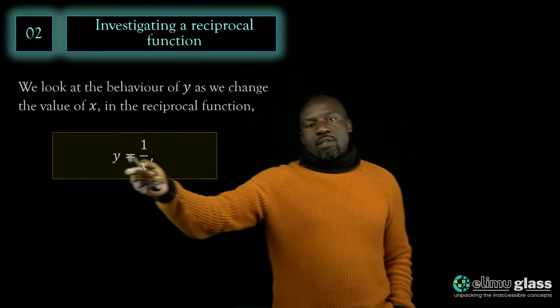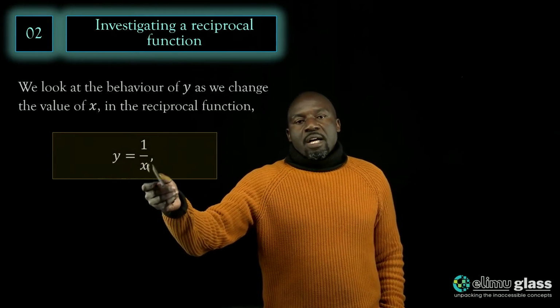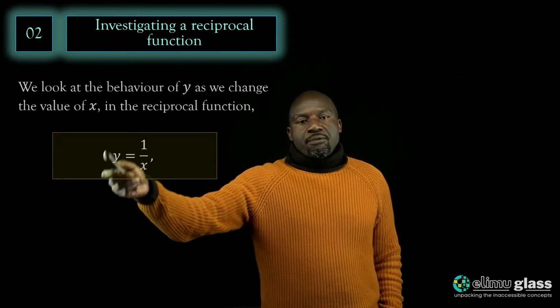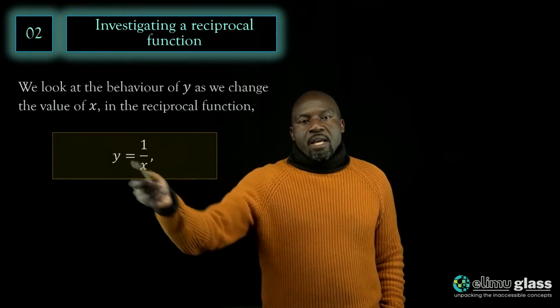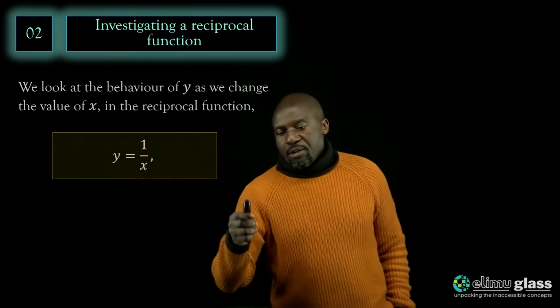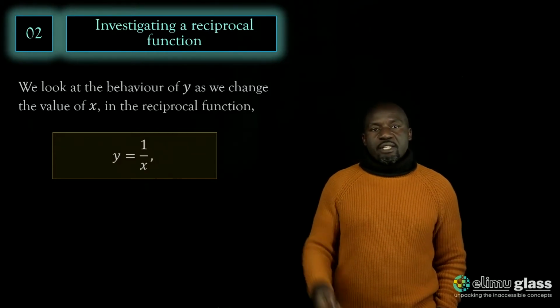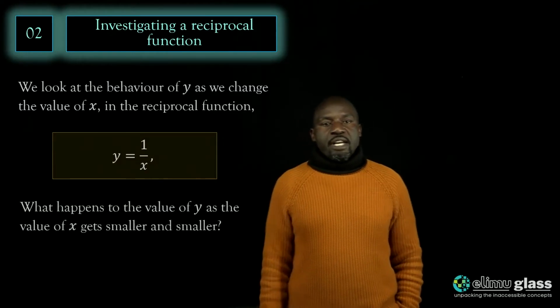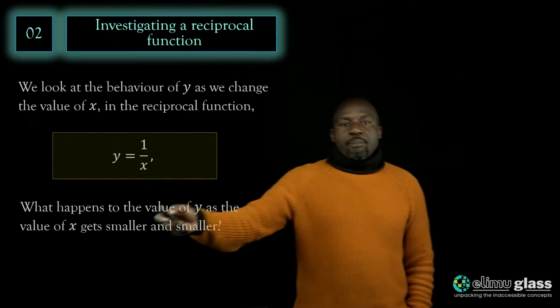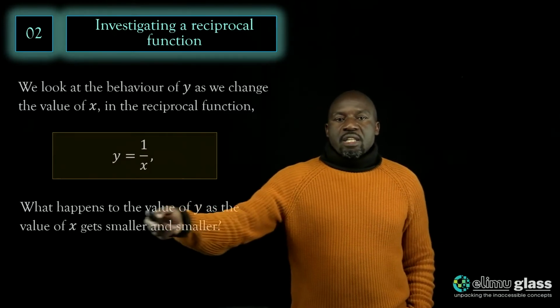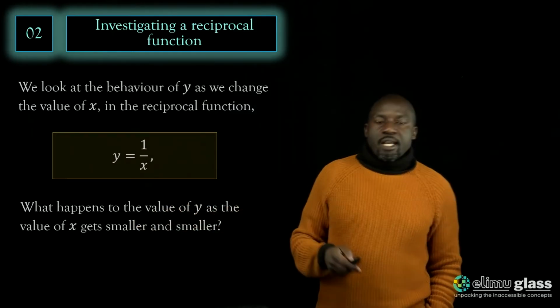In this case, we are going to make the value of x smaller. So what happens to the value of y as the value of x gets smaller and smaller?